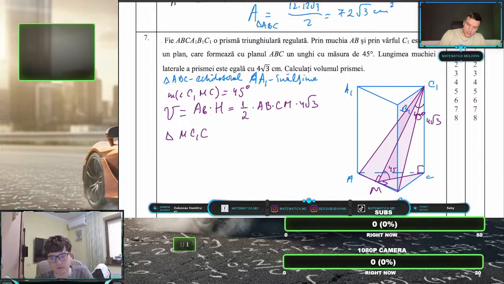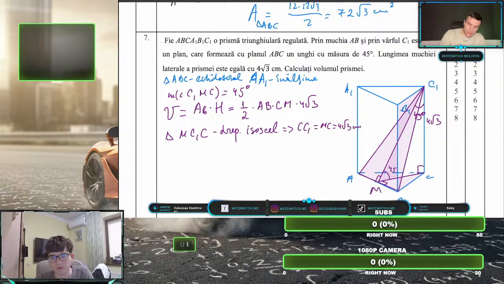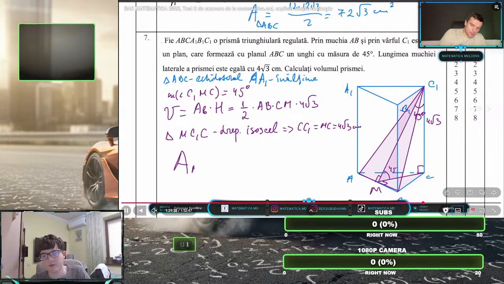Okay. 45 there. Goes 90 degree there. MC1C, triangle right there. So CC1 is equal with MC, so that's 4 square root of 3 based on the theorem and so on.